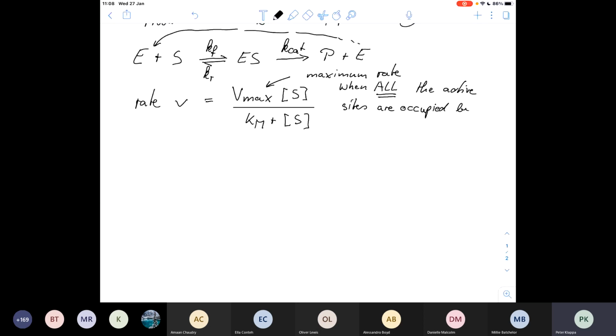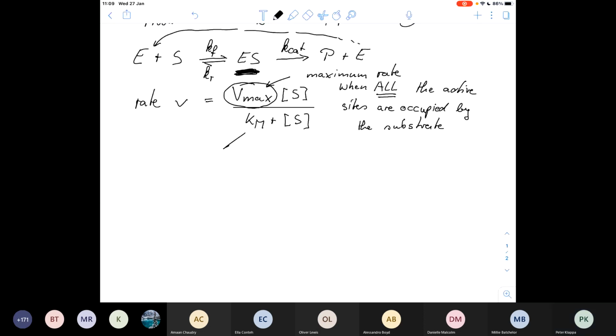Occupied by the substrate. So that means every single enzyme molecule that we have has a substrate bound. So every single enzyme is in this ES state where it has a substrate bound, and the substrate is bound to the active site. This is when we reach Vmax. So when we reach Vmax, all the active sites are occupied by the substrate.